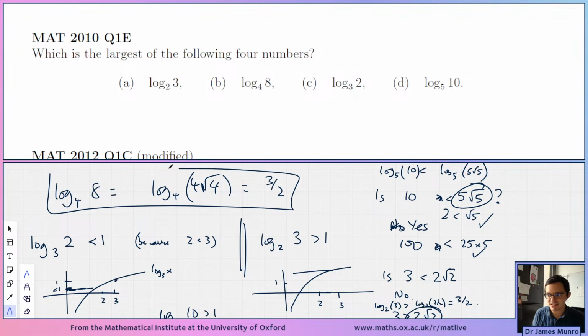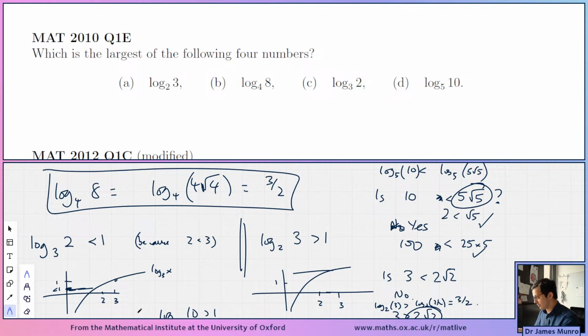Option B is exactly 3 over 2. If one of those options is exactly 3 over 2, then I want to use that as a pivot, a way of splitting the options apart. Some of them are larger than 3 over 2, some are smaller. In fact, only one of them is larger than 3 over 2. The answer is A, because that's the only one that's larger than 3 over 2.